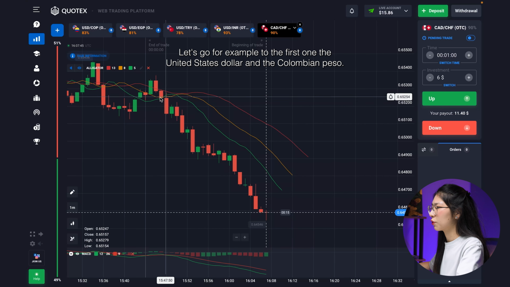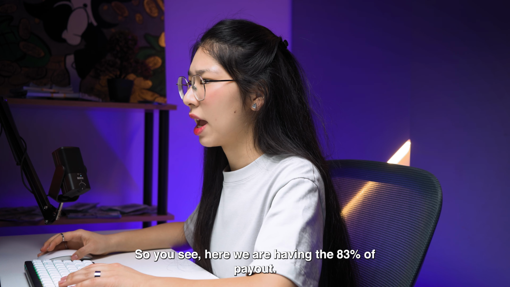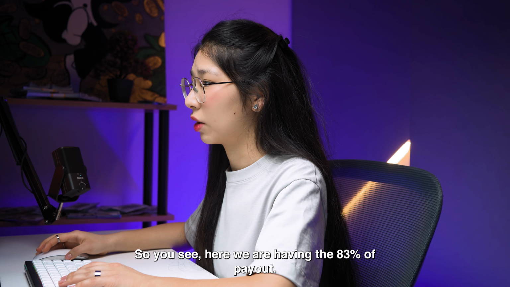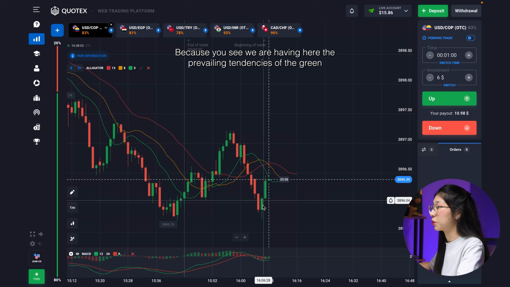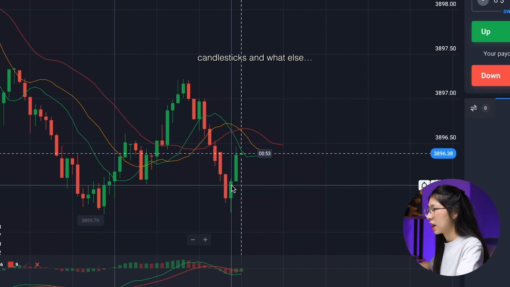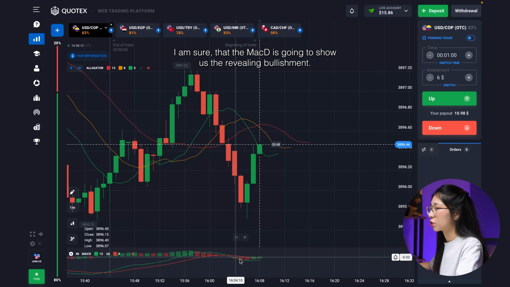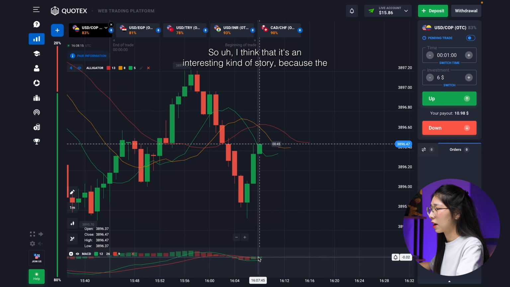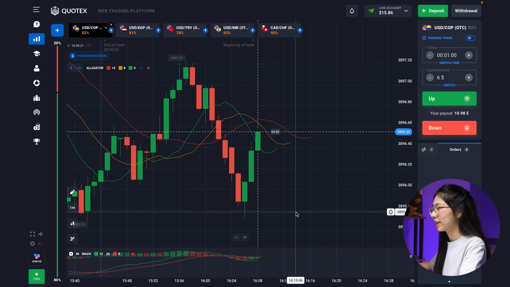Let's go for example to the first one, the United States dollar and the Colombian peso. So you see here we're having 83% of payout, and I will try my best to find out the next deal, because you see we're having here the prevailing tendencies of the green candlesticks. And what else? Okay, I'm sure that the MACD is going to show us a revealing bullish trend, and I think that it's an interesting kind of story because the situation is pretty wavy.